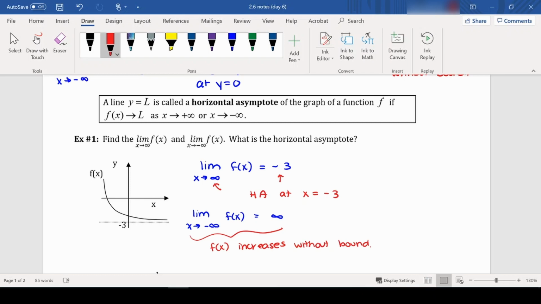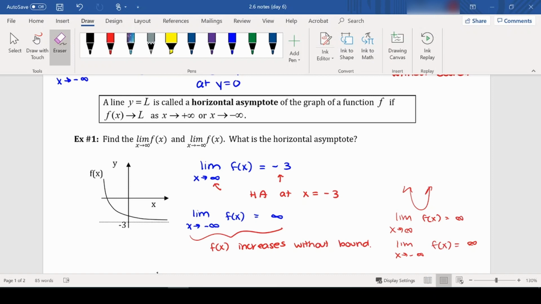So like a parabola opening up like this, this would have both a limit as x approaches infinity equaling infinity and a limit as x approaches negative infinity equaling infinity. So it would actually increase without bound in both directions. Or if we had an upside down parabola, it would be decreasing without bound.